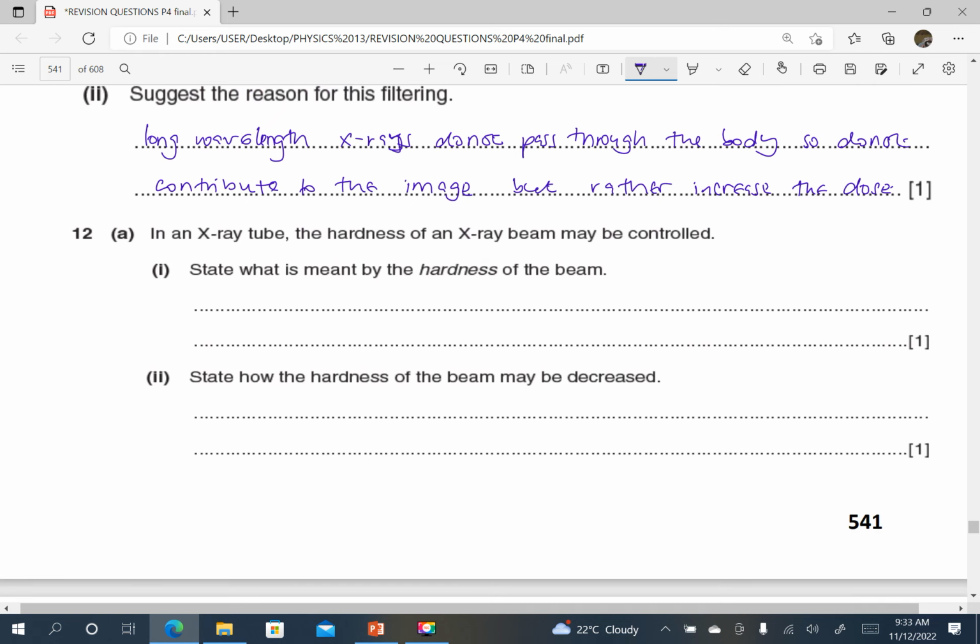In an X-ray tube, the hardness of an X-ray beam may be controlled. State what is meant by hardness. Now we know what hardness is. That is the penetration power of an X-ray beam.